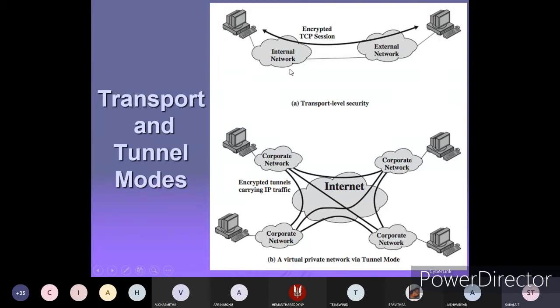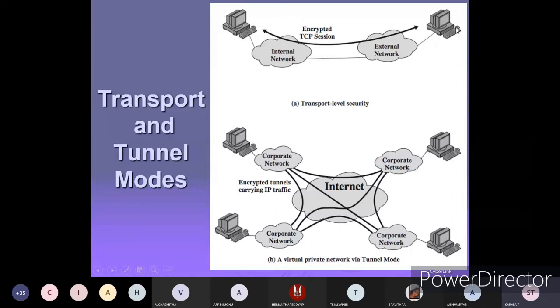If I take an example of an industry, an industrial person working inside the company will be working with the internal network, connected to it, working in the industry only.